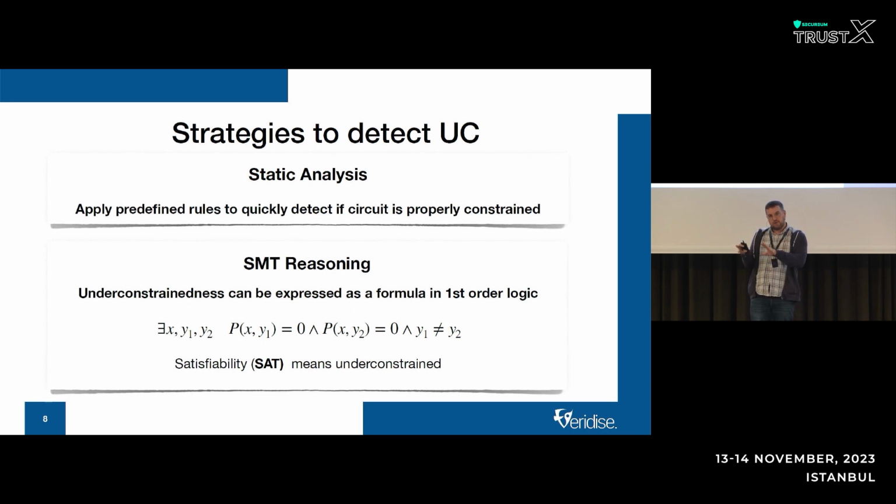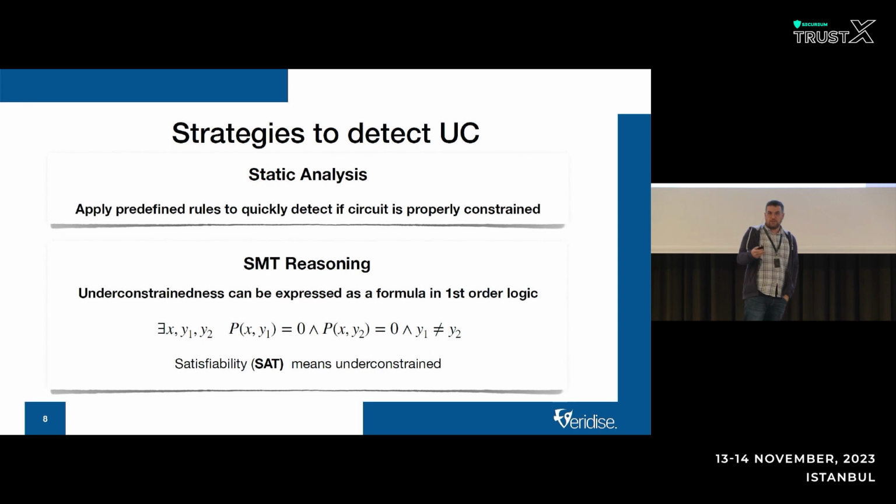We just care about the circuit, so we have access only to P. Let's express under-constrainedness just using P. The way to do that would be to say, I want the following not to happen: I don't want that there is an input x, output y1, and output y2, such that both (x, y1) and (x, y2) satisfy all the constraints, and y1 is different from y2. Because in general, if you have a given input x, you should have a deterministic output y. If you have two different outputs, then there is probably a problem there.